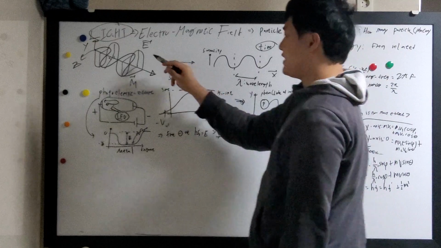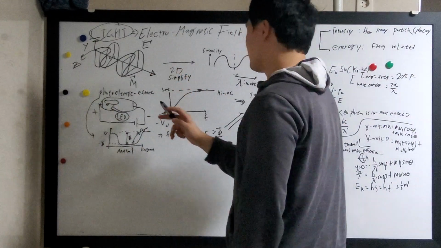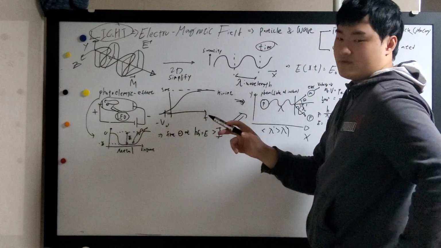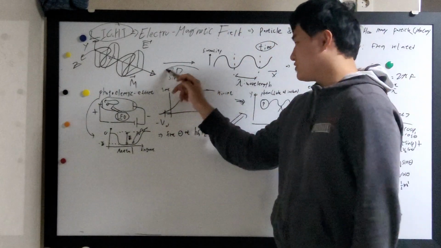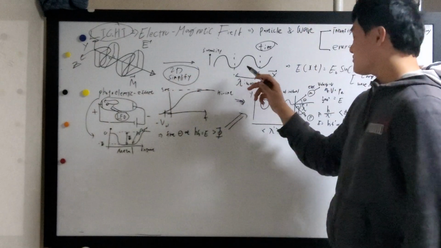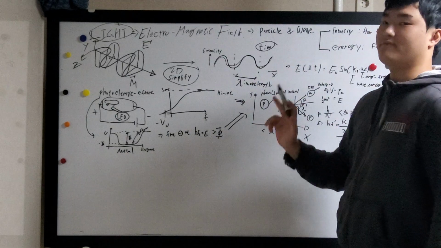This is why we call light an electromagnetic field or a wave function, or just a wave that has frequency. More simply, in two dimensions, light can be stated as a wave that has a sinusoidal function.